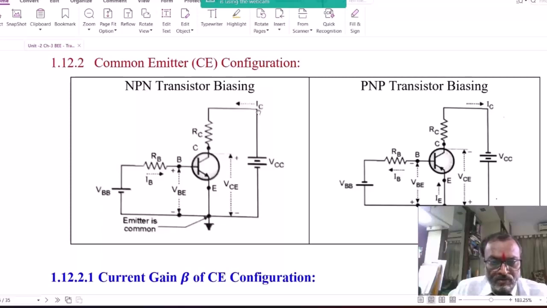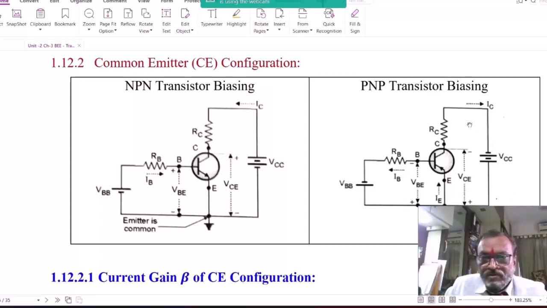So therefore, the zero signal value or quiescent point values VCEQ and ICQ are established by supplying the values of IBQ and VBEQ in the base circuit, that is called biasing. Since the emitter is common between input and output circuit, this biasing is called common emitter circuit configuration biasing.